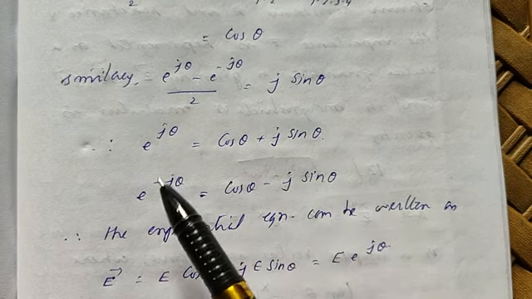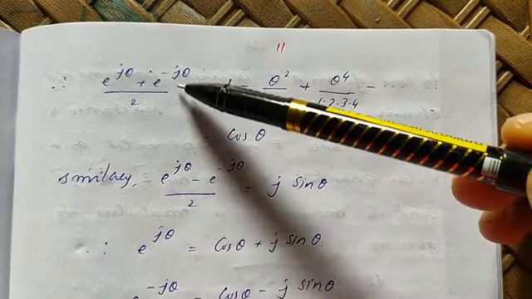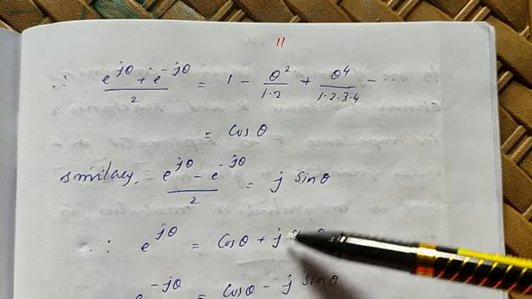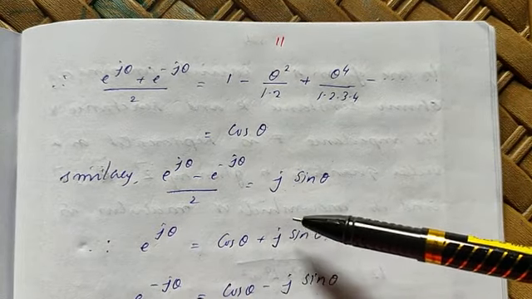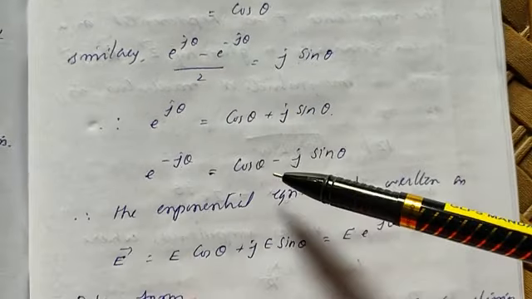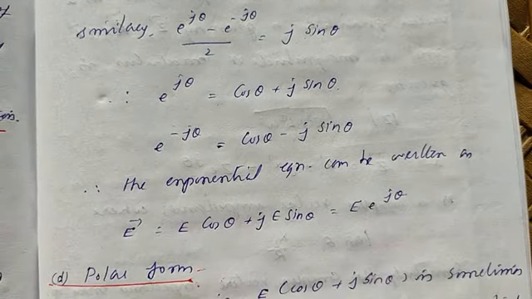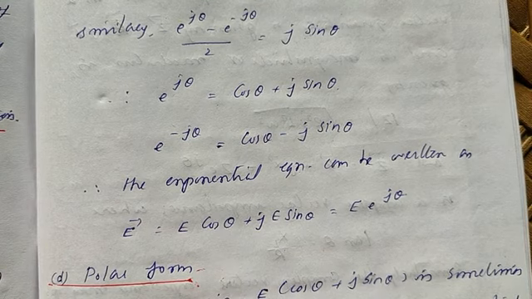And so if we are adding these two equations, we will get cos theta plus j sin theta on the right side and e raised to j theta on the left side. Similarly, if we are subtracting, we will get cos theta minus j sin theta on the right side and e raised to minus j theta on the left side.